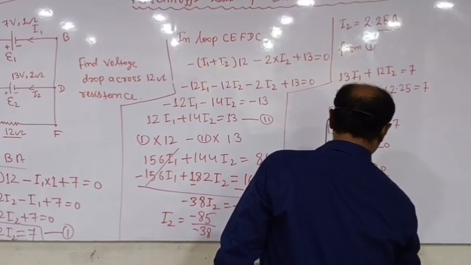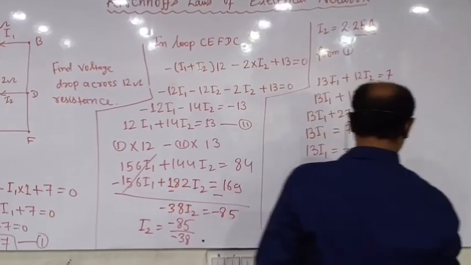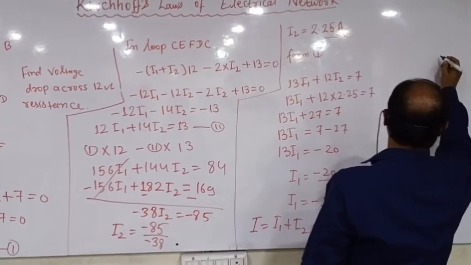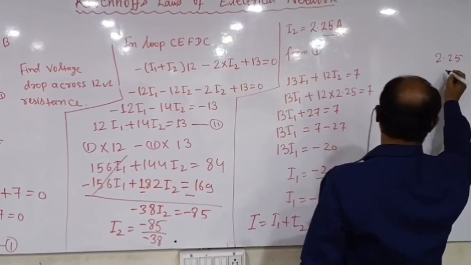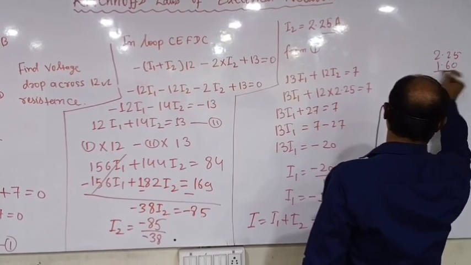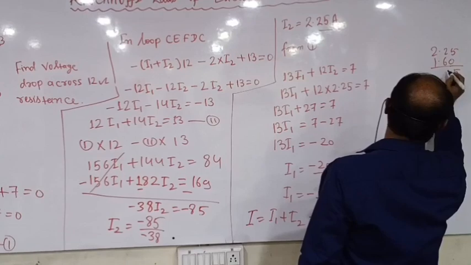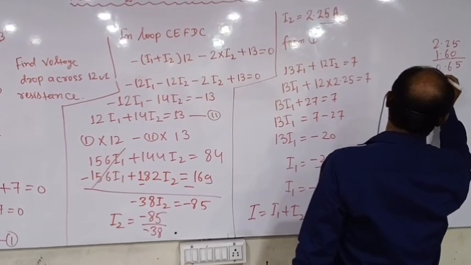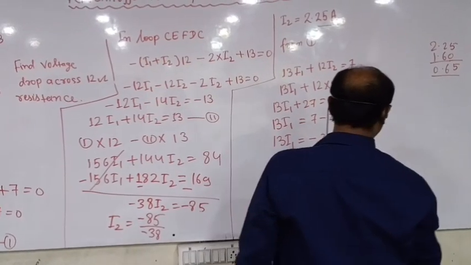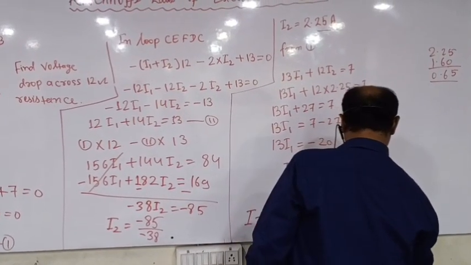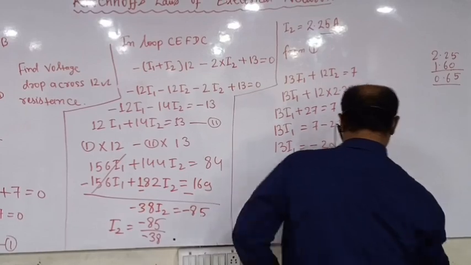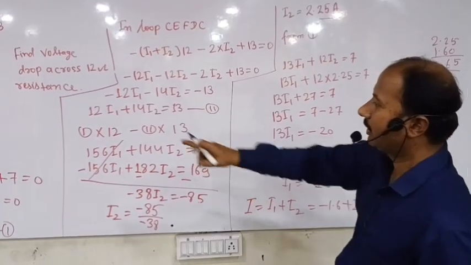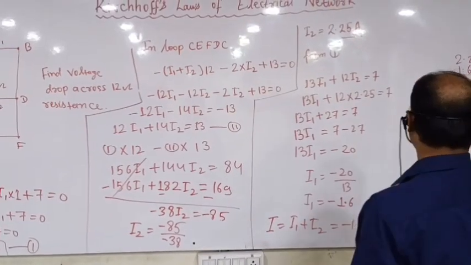Therefore minus 1.6 plus 2.25, so we subtract: it is 0.65 ampere. Now we have to calculate the voltage drop across the 12 ohm resistor.